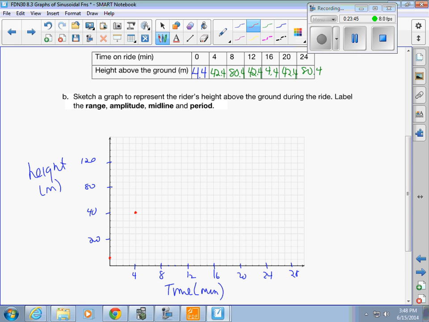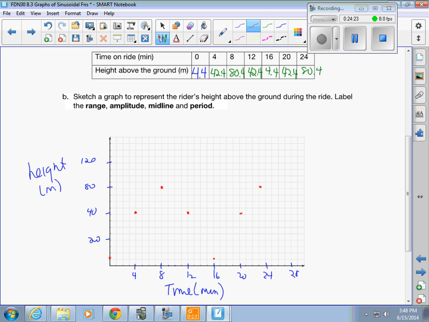We were at, what was it? 80.4. At 12, we're back at 42.4. At 16, we're back on the ground. At 20, we're at 42.4. At 24, we were at 80.4. Okay. So hopefully I've got my dots far enough apart.